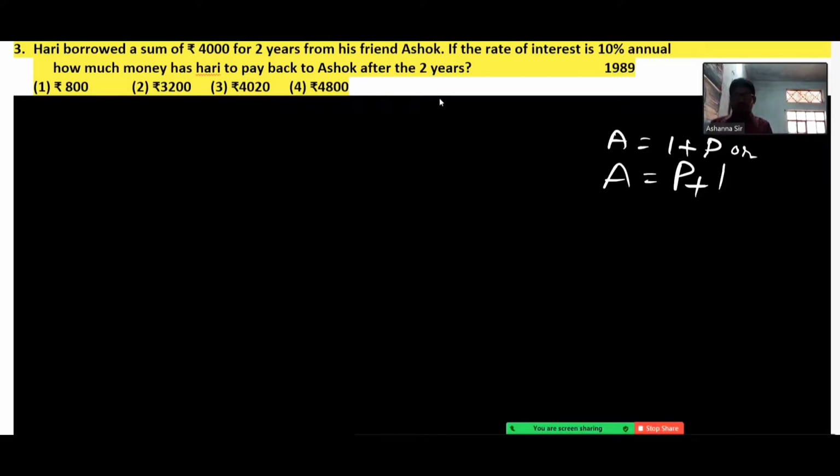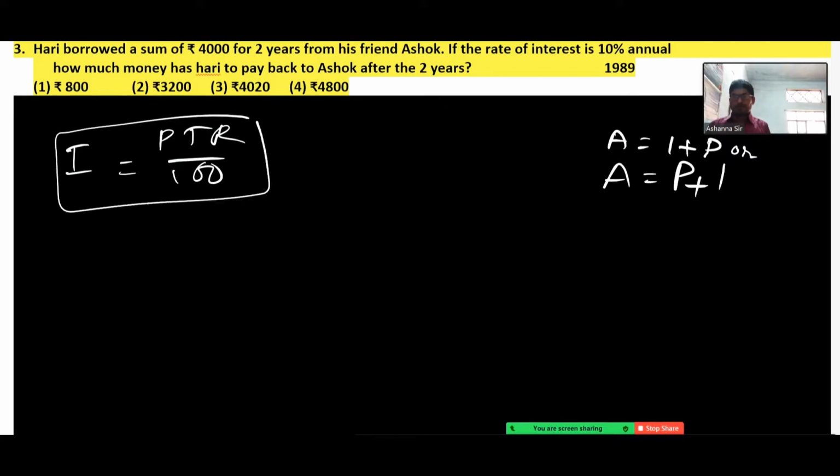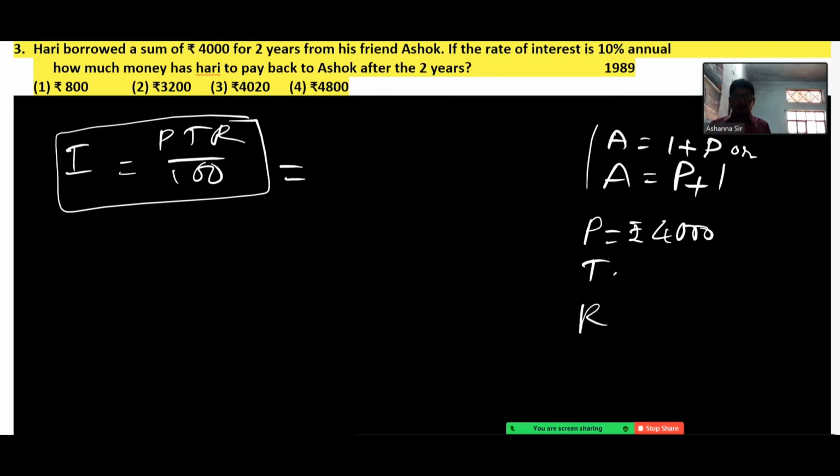First we have to find the interest. I is equal to PTR by 100. Principal is 4,000 rupees, time 2 years, rate of interest 10%.